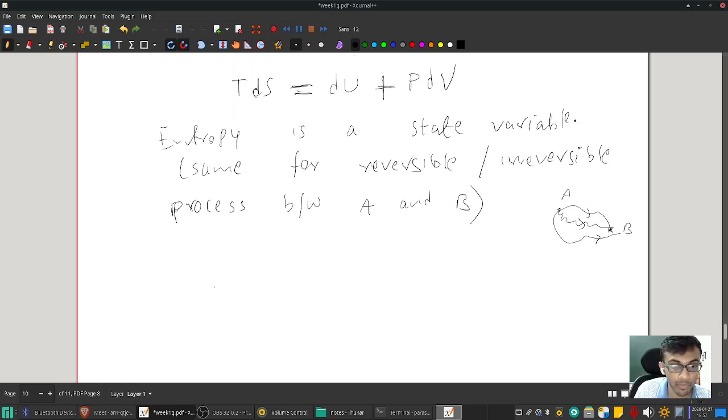So the second law says that there's a quantity called entropy, which is a state variable.